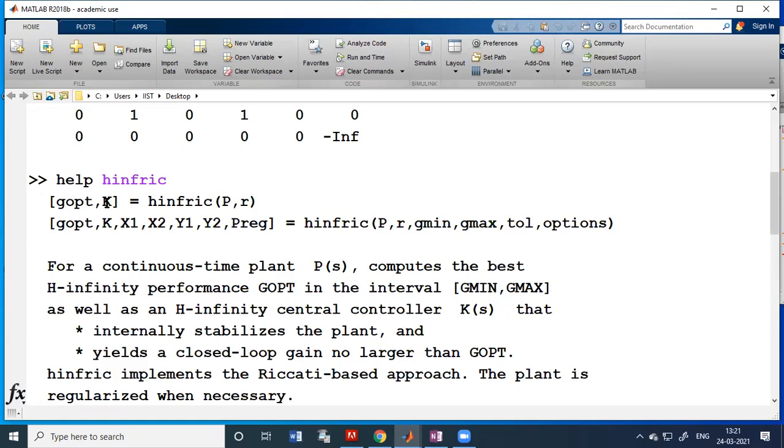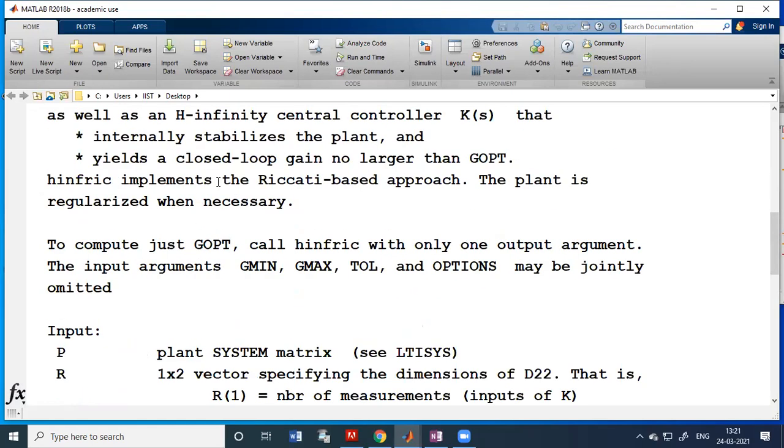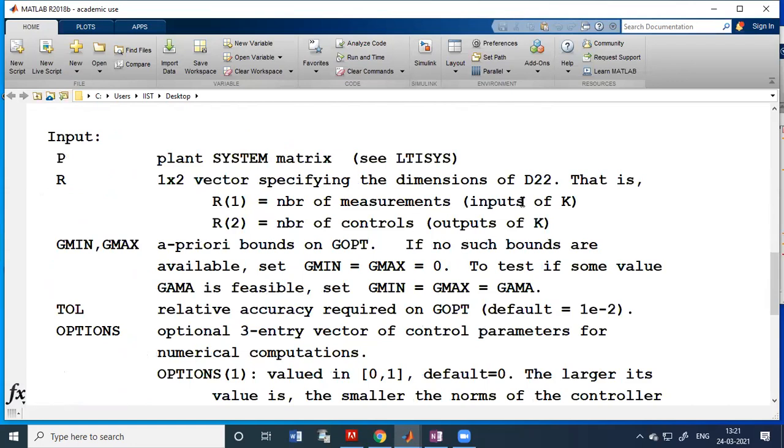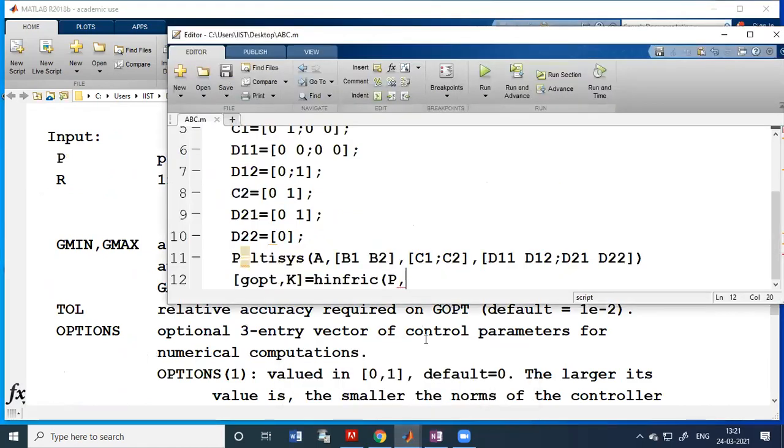So there should be 2 output variables on the output side, and the inputs must be P and R. What is R? R is the size. Somewhere it is written here. See, it is the number of measurements. R1, R2 is the number of controls. So that syntax has to be maintained. So hinfric P, comma. So we have here how many inputs and how many outputs?